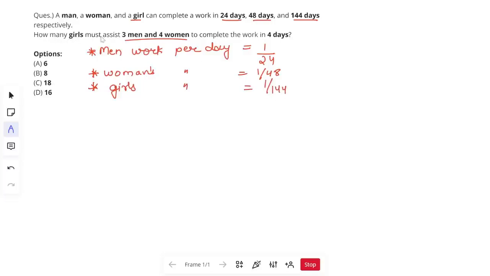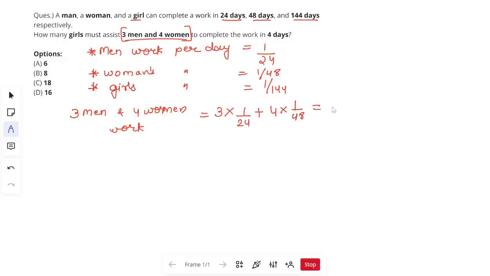Now let's see how many girls must assist 3 men and 4 women. First of all, in order to understand how many girls must assist, we have to understand how much work 3 men and 4 women will do. So how can we calculate this? 3 into the work done in one day, which is 1 by 24, plus 4 women's work, which is 4 into 1 by 48.